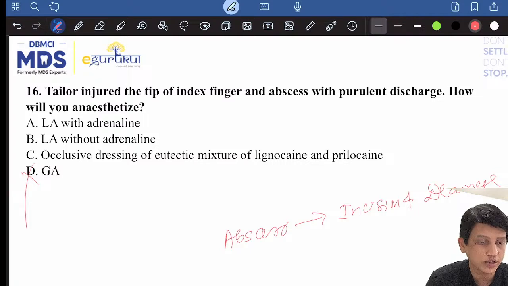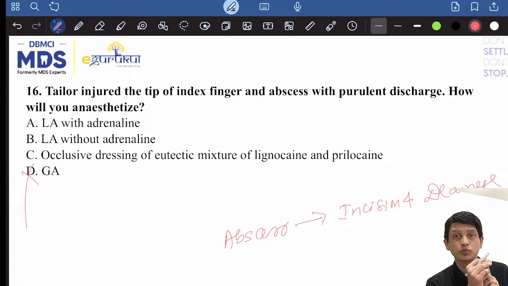Now tell me, you are all telling it is B. That's correct. Many of you gave the answers and the explanations very well. It's in the tip, and the tip is already purulent. Adrenaline has the property of vasoconstriction. If the end artery in the tip gets vasoconstricted, there will be no blood supply to the tip, because it's an end artery. So the tip may go into necrosis and gangrene.